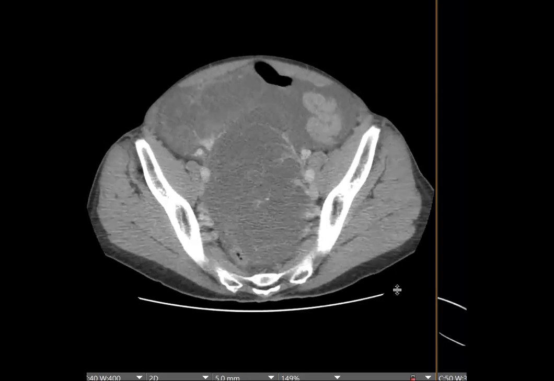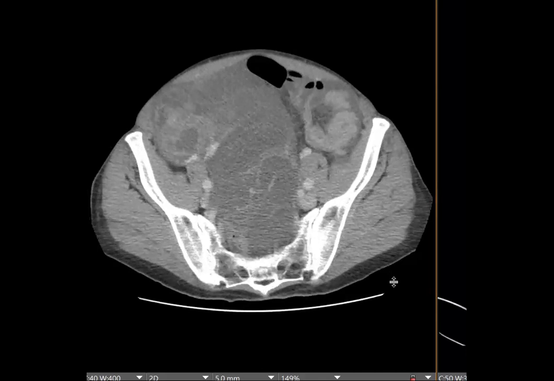So, usually we think in our minds that mets are smaller and the primaries are larger, but that's not always the case. And pancreaticobiliary tumors with mucinous morphology that metastasize to the ovary are not common, but they are said to account for almost 14% of metastatic mucinous tumors to the ovary.